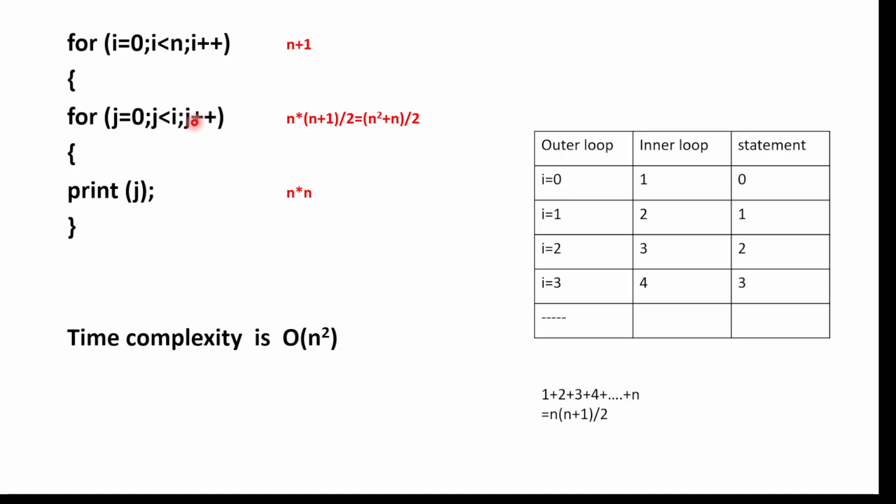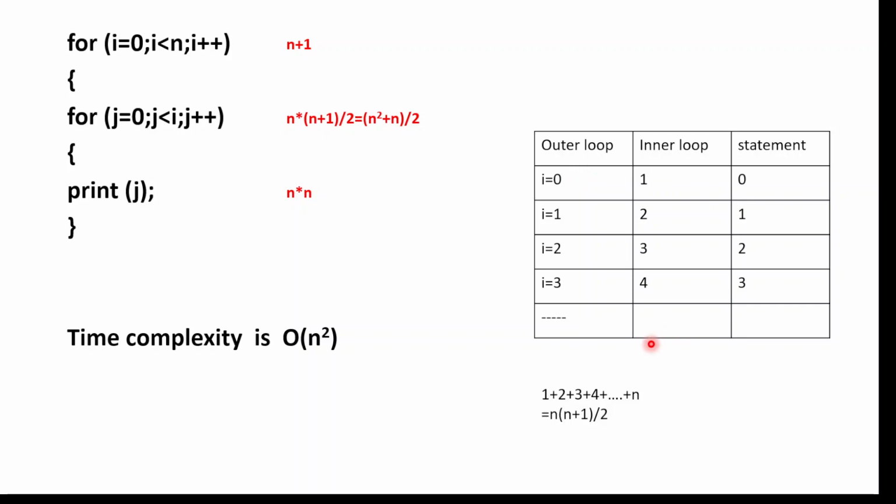Given i is 1, 0 is less than i, so the inner print statement will get executed once. j gets incremented and becomes 1. 1 is not less than 1, but this statement is getting executed for the conditional check. That is why we have given here that the inner for loop is getting executed twice. When the conditional check fails, it comes out of the loop. i gets incremented and becomes 2. Now 2 is less than n, so again it moves on to the inner for loop. This continues, as mentioned here.